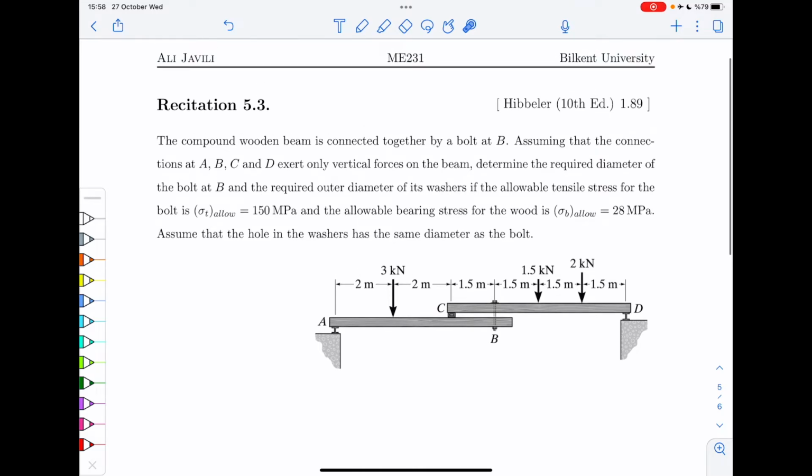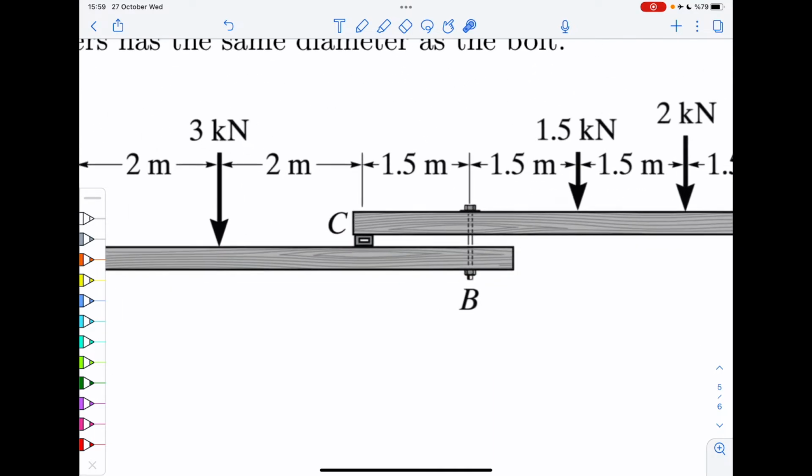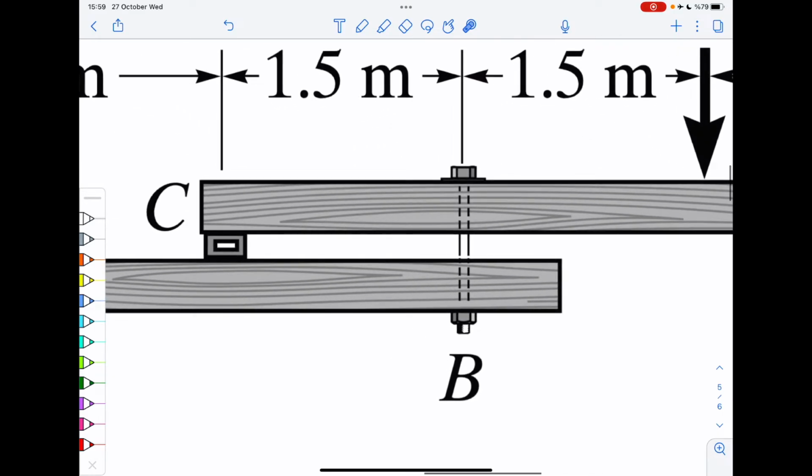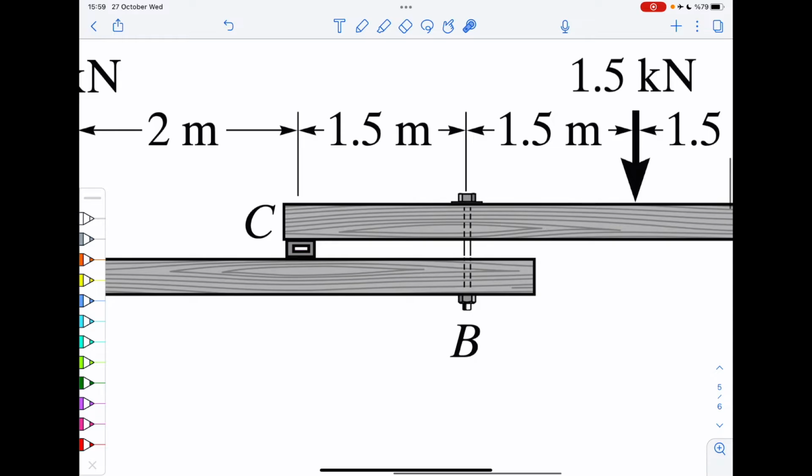Okay, this is the next exercise. You have essentially these two wooden beams that are connected at points B and C. So these are two separate beams, but then you have this connection, which maybe you can see. It's essentially a bolt with a washer here.